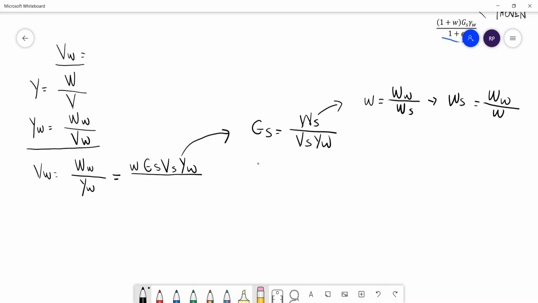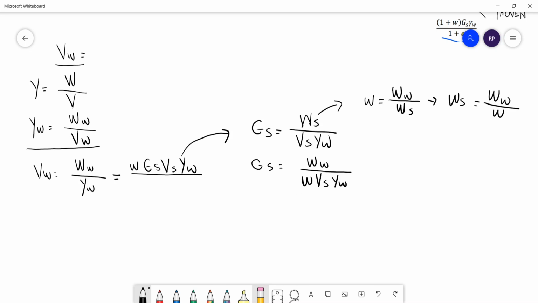We substitute the value of WS, so that is WW over small w, and then your VS YW.